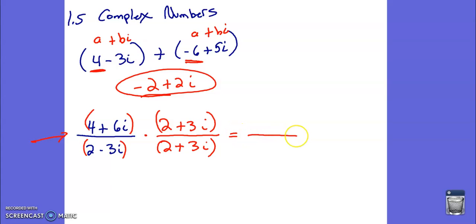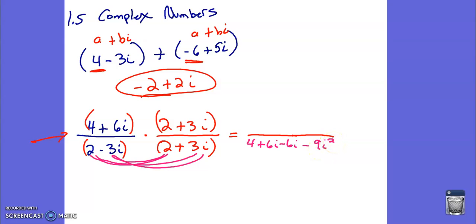So watch what happens when I use the distributive property. So we got 2 times 2 is 4. 2 times negative 3i is negative 6i. Negative 3i times 2 is negative 6i. Notice the imaginary numbers are going to cross out. And then we have negative 3i times 3i, which is negative 9 i times i, which is i squared.